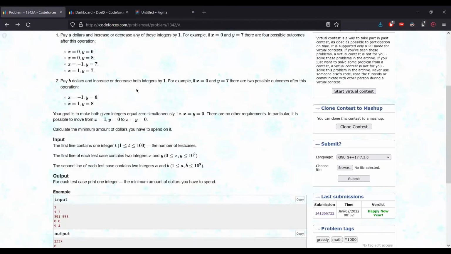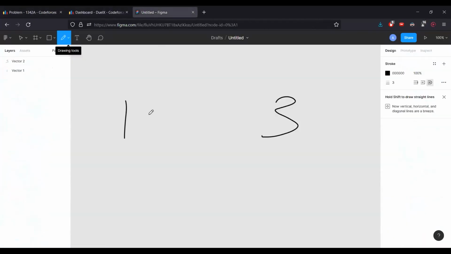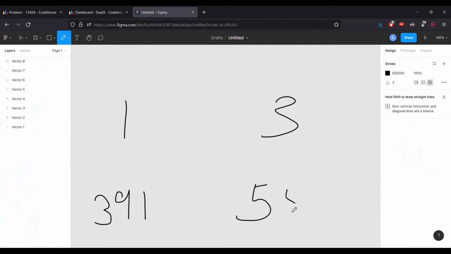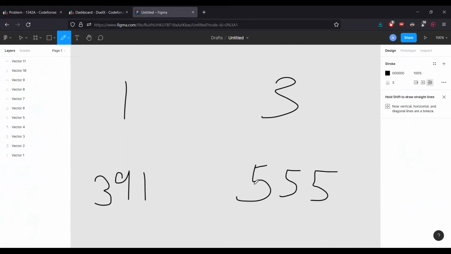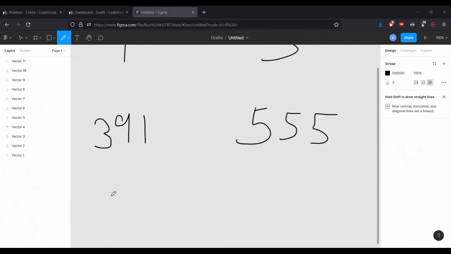You can pay $A or $B. I'll just write A and B, because then I have to write less.